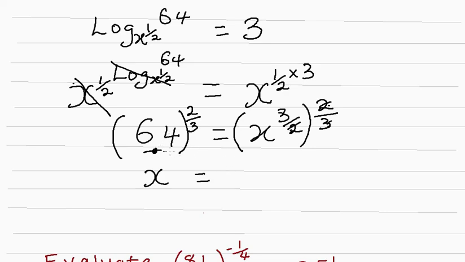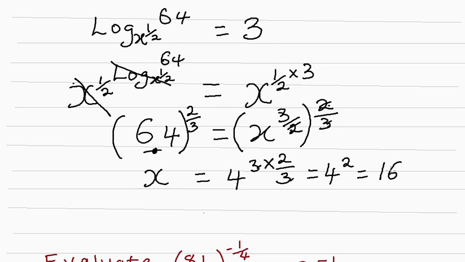That means 64 is the same as 4 raised to the power of 3, then times 2 all over 3. That way, 3 cancels 3. So I'm now left with 4 raised to the power of 2, which is equal to 16.